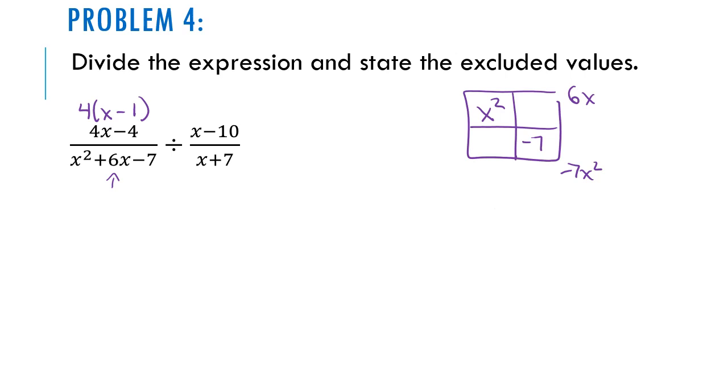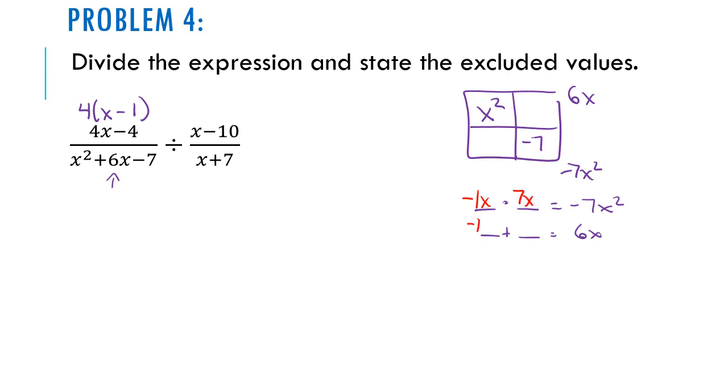And so I'm basically asking for 2 numbers that multiply to be negative 7x squared, but add to be 6x. Therefore, that combination would be negative 1x and positive 7x.